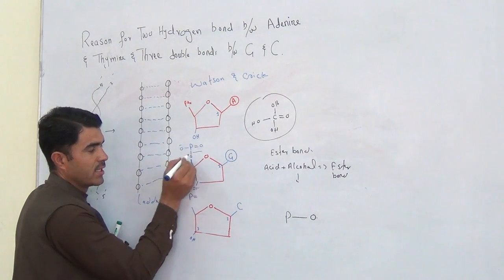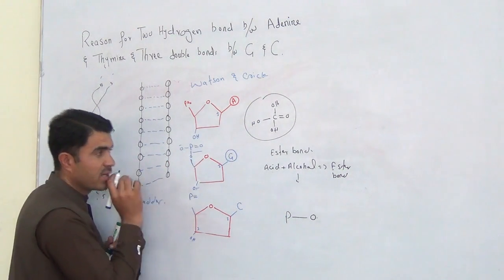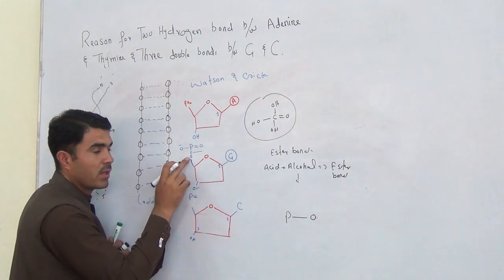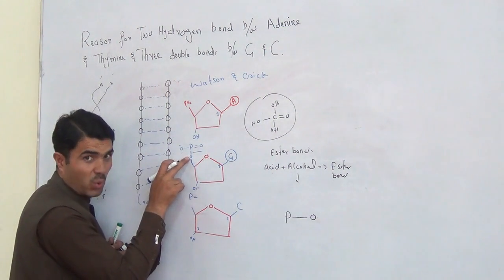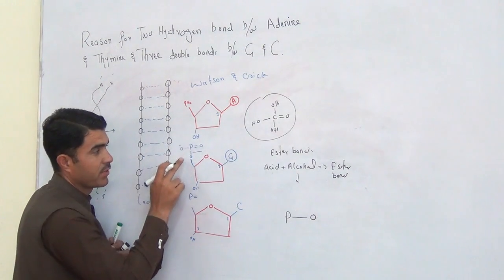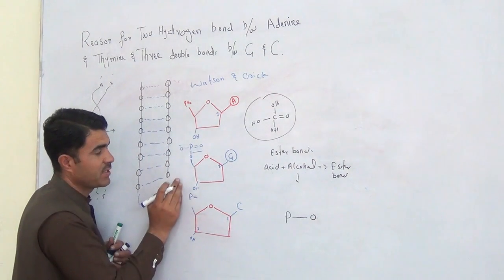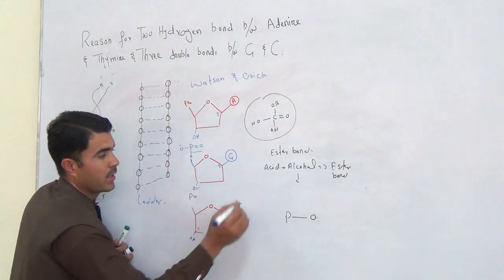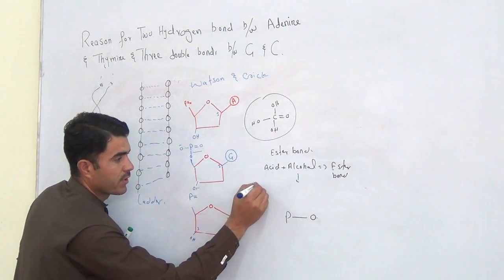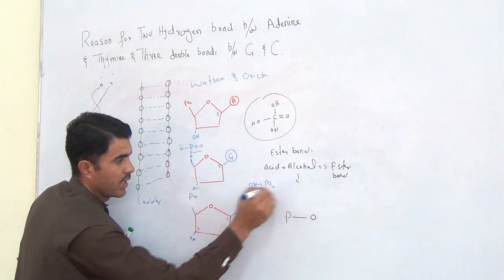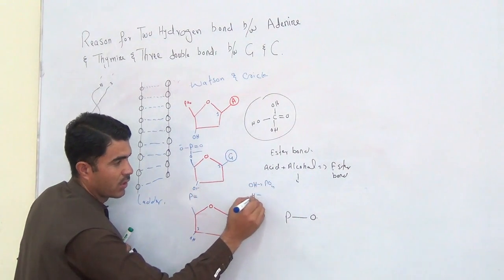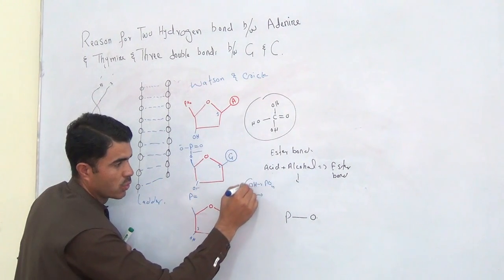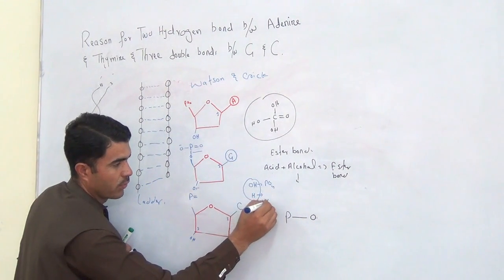This bond is called an ester bond, because in this bond the alcoholic part, meaning OH, has participated, and from the phosphate side again OH has participated. The OH from the phosphate and the hydrogen from the alcoholic group, these two will combine to form H2O.